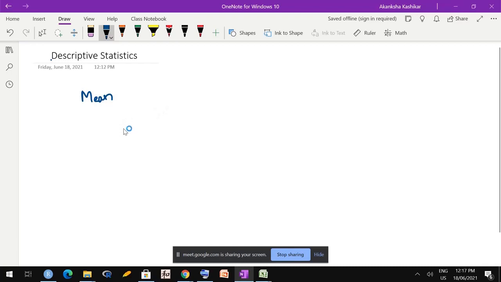Now first of all, how does my multivariate data set look like? Let me take some example. Suppose I have person 1, person 2 up to say person 100, and for each person I have recorded their age, then I have recorded their height, and I have recorded their weight. And suppose I have recorded their blood pressure.